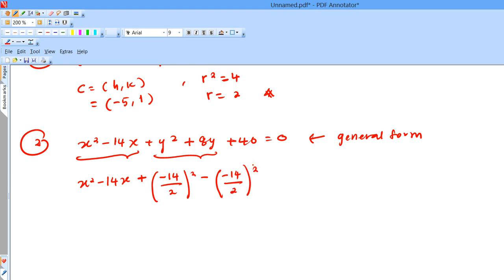And then for y, plus y squared plus 8y plus (8 over 2) squared minus (8 over 2) squared, and then we have the last term plus 40 equal to 0.